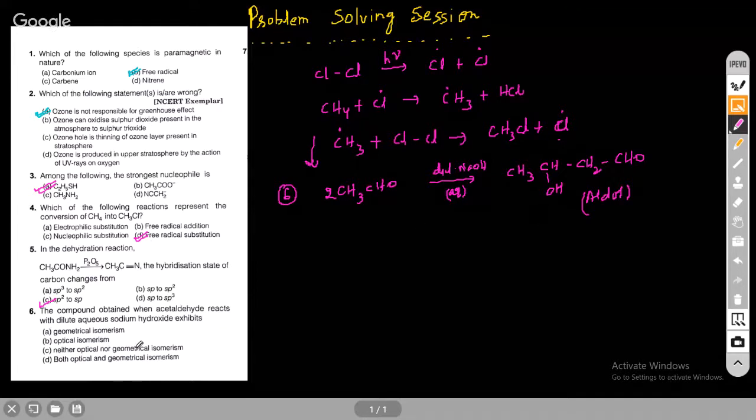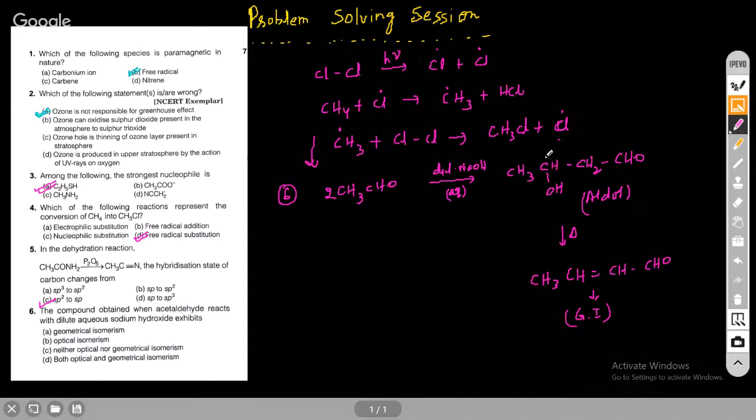However, in the question, they haven't mentioned that we're heating this, right? So when you heat this, then this H and OH form H2O, which comes out, and it forms CH3CH double bond CHO, right? So this one shows geometrical isomerism, right?